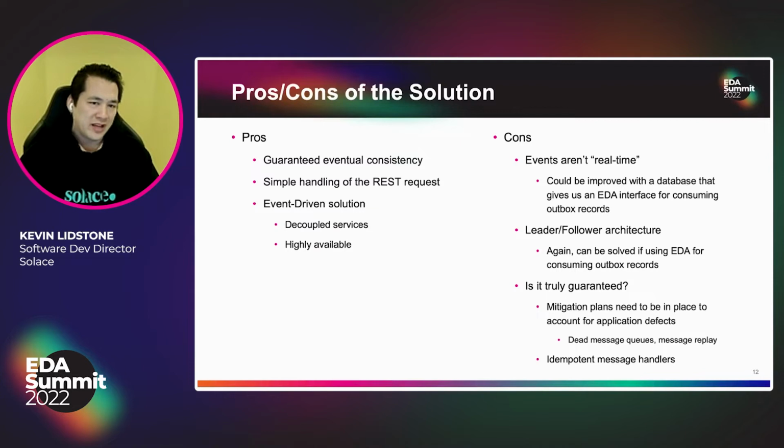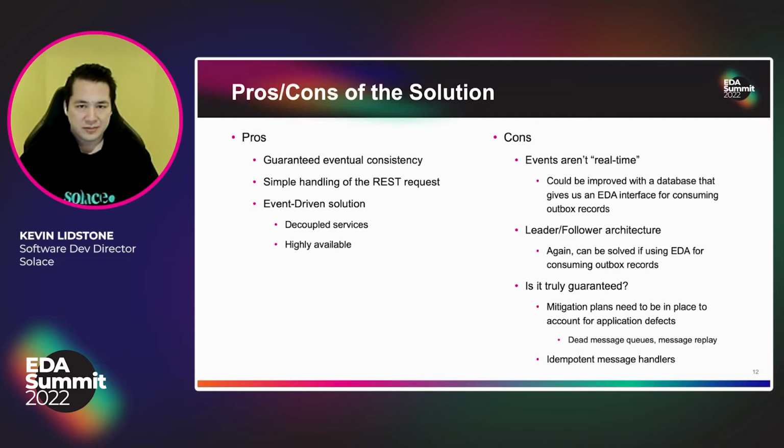The cons: the events technically aren't real time in this case, because I used kind of a bad word in event-driven architecture. I mentioned that we're polling the database. So let's say we're doing that every 5 seconds. That means there's a 5-second window in a worst case scenario where your event gets triggered in this eventually consistent manner.